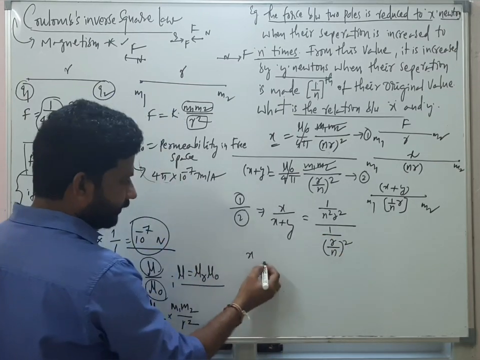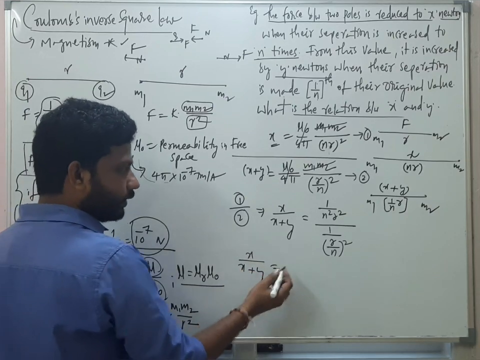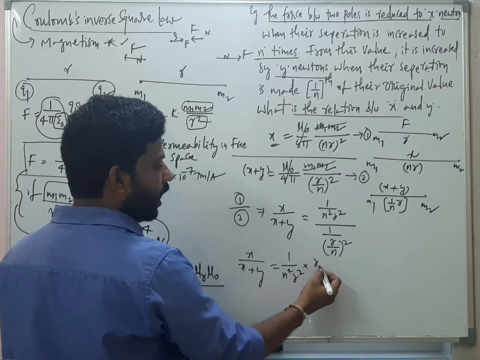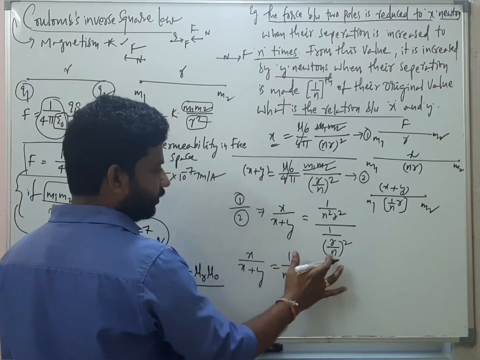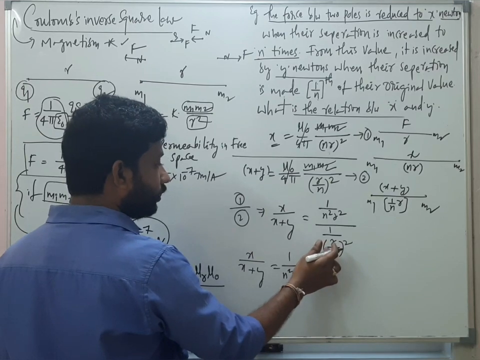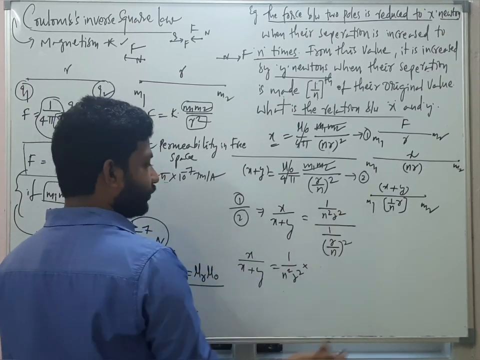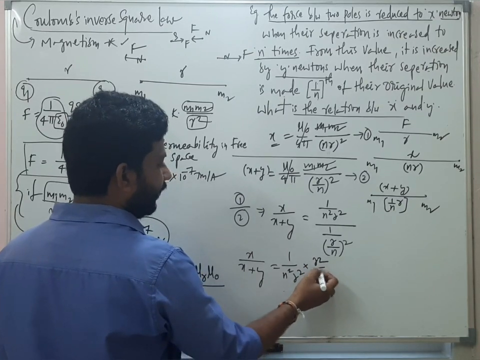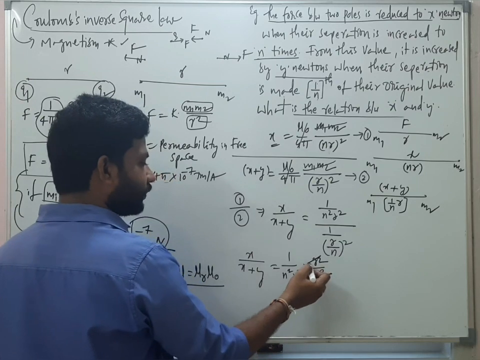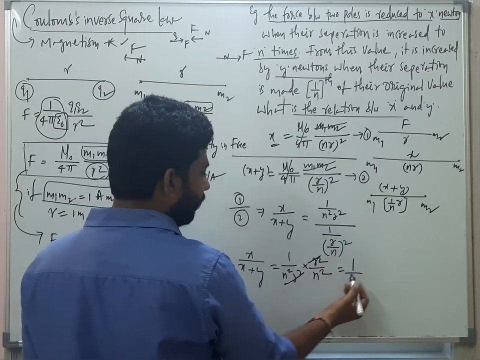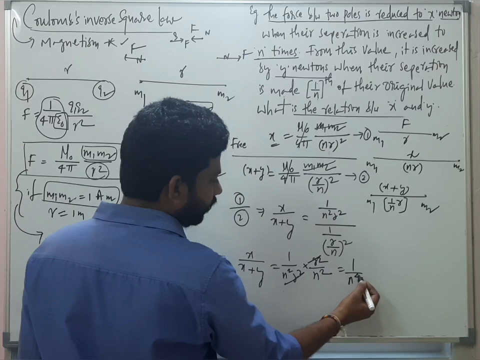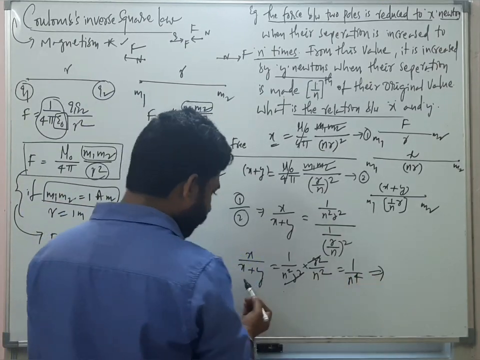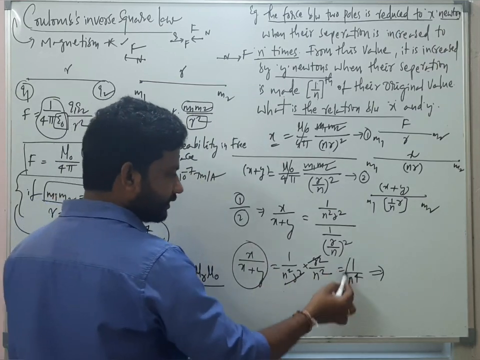So I can write x by x plus y is equal to 1 by n square r square into, taking the reciprocal, r square by n square. r square cancels and it will be 1 by n square into n square, it's n to the power 4. Right? So this is LHS and this is RHS finally.